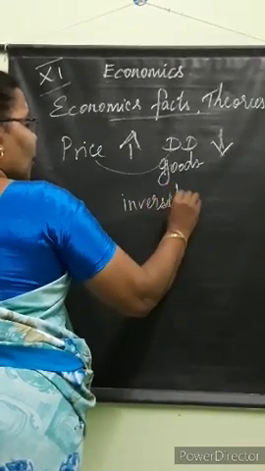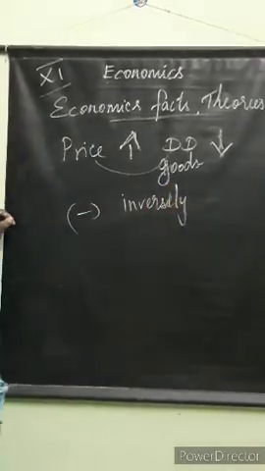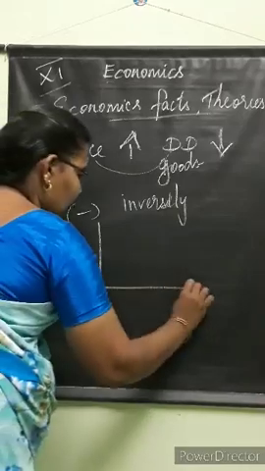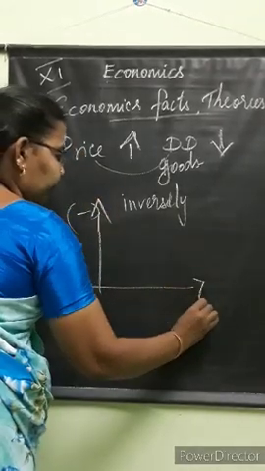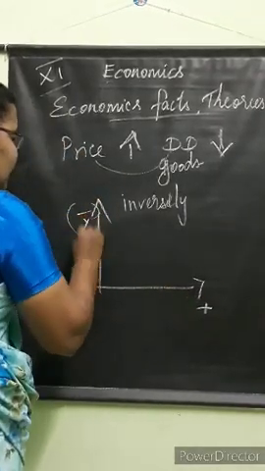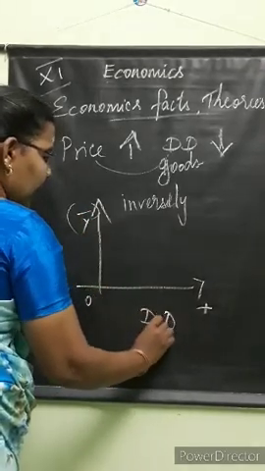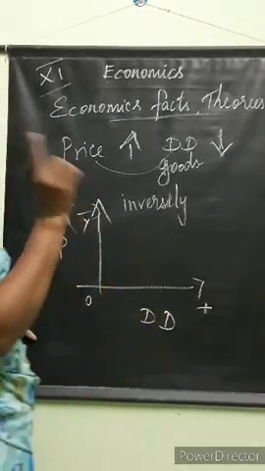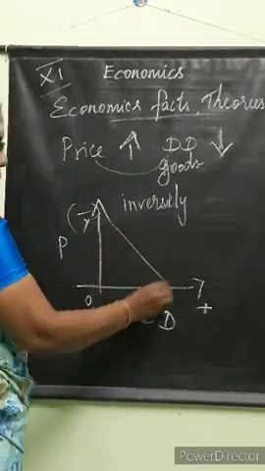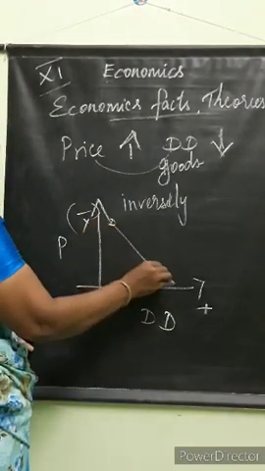What do you mean by that? Or negative relationship. Let me draw the demand curve, then you will understand. X-axis, Y-axis, here demand, here price. I already told you about the demand curve, downward sloping. That is the demand curve.